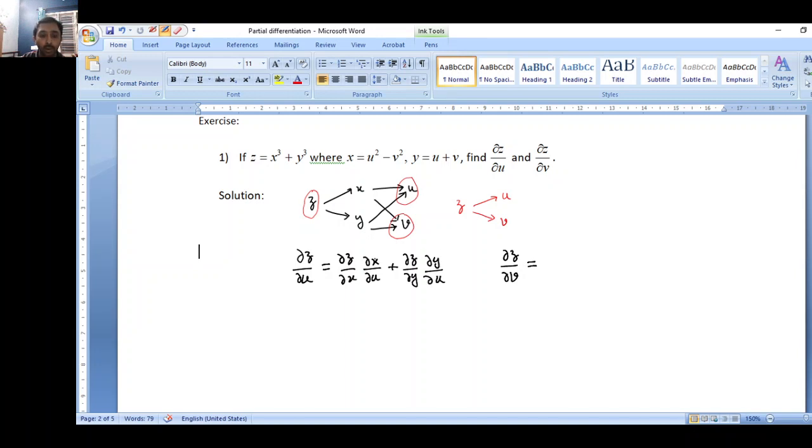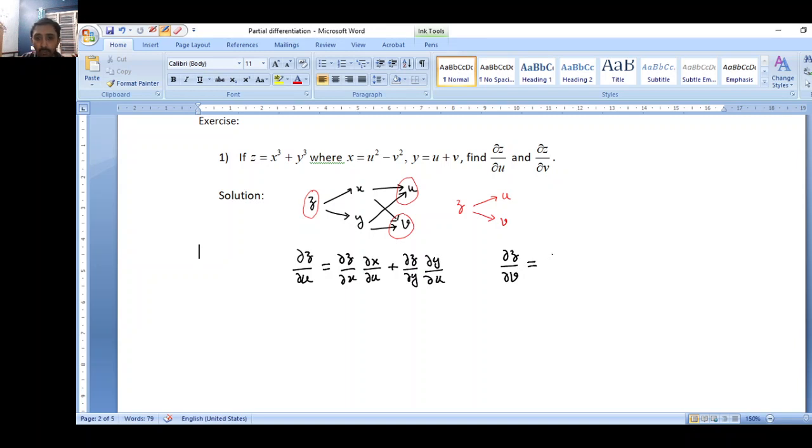Or in other words, finding dou z by dou u is equivalent to finding all routes possible from z to u, because there are two routes from z to u, through x and through y. We have two terms here. One is from z to x and then x to u, and correspondingly another route from z to y and then y to u.